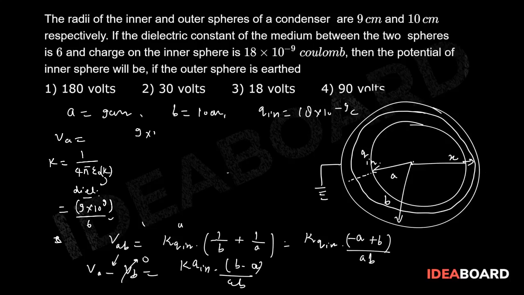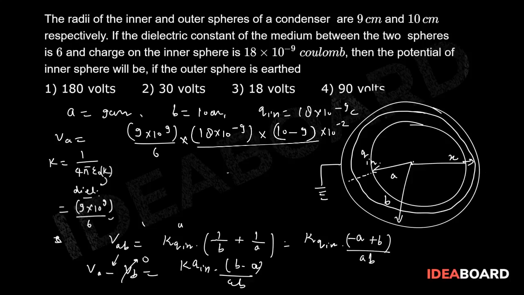So 9 into 10 to the power 9 divided by K into Q in, that is 18 into 10 to the power minus 9, into B minus A, which will be 10 to the power minus 2, because in SI units, divided by A into B, which will be 9 into 10 to the power minus 2 into 10 to the power minus 2, correct?